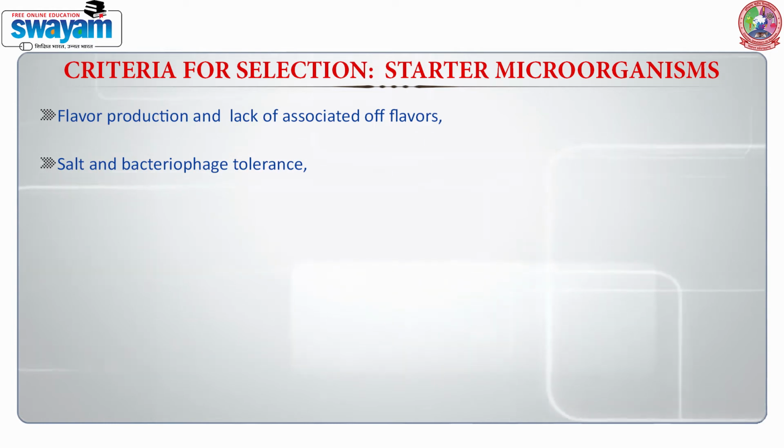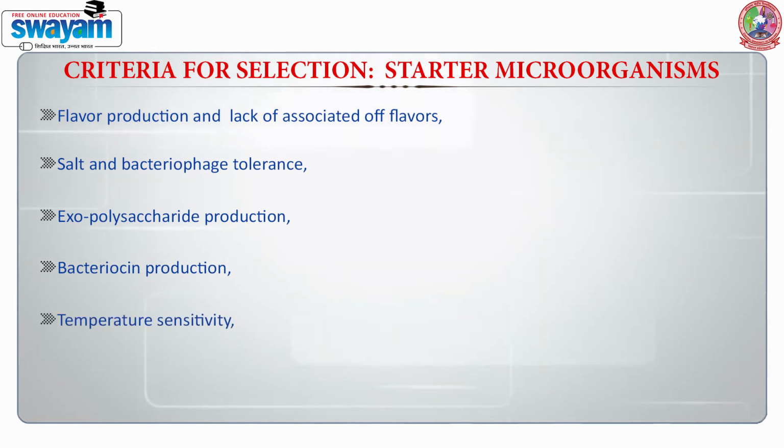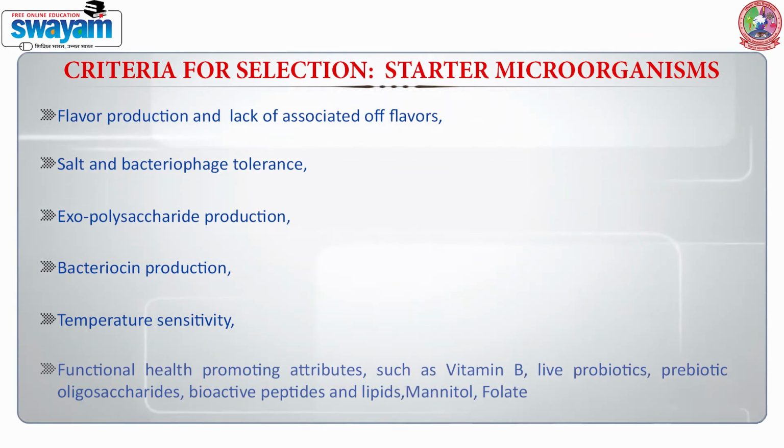The starter culture may produce exopolysaccharide if it is required in the final product. The starter culture should produce bacteriocin and should exhibit temperature sensitivity. It should also bestow functional health properties, and it should enrich the food with respect to vitamins, probiotics, prebiotics, oligosaccharides, bioactive peptides and lipids, mannitol and folate, etc.